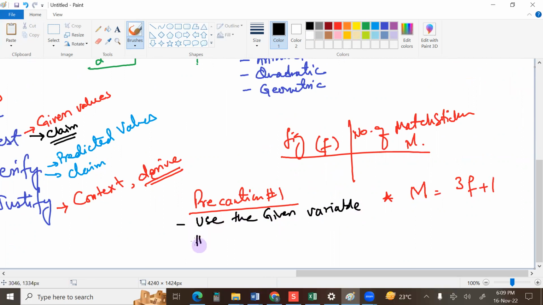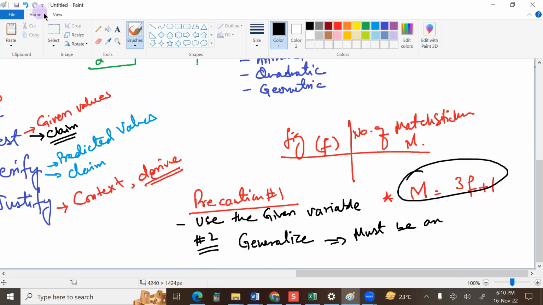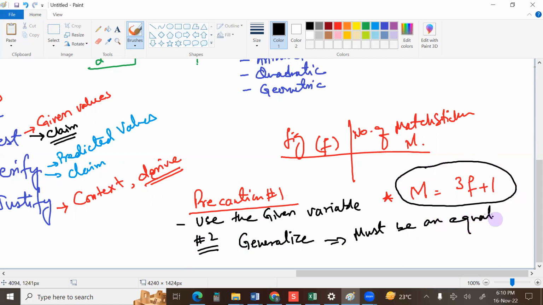And then precaution number 2 is also an interesting one. When you're asked to generalize, a general rule must be an equation. Like you see, this is my general rule: M is equal to 3F plus 1. Why is it a general rule? Because I have written M equals 3F plus 1. I've expressed one variable M in terms of the other variable F. It must be an equation.